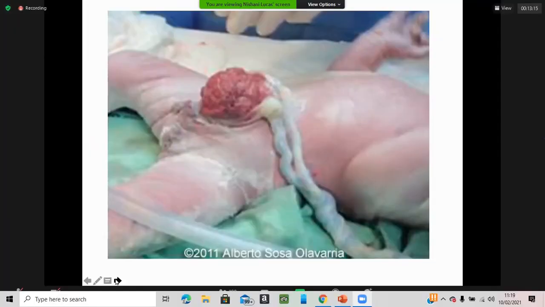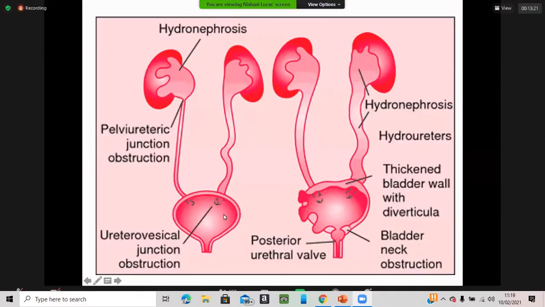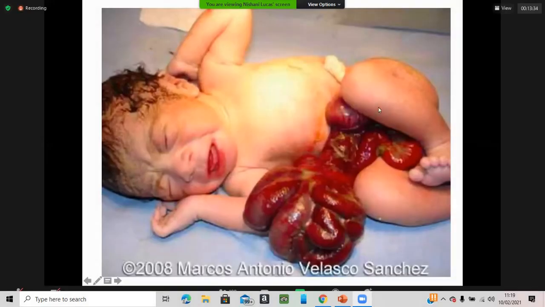Okay. This one? This is ectropia vesicae, where the bladder is out, right? And here you see pictures of renal anomalies, where there is bilateral PUJ, pelviureteric junction obstruction, hydronephrosis, hydroureters, posterior ureteral valves. So all of these. What is this? Gastroschisis.